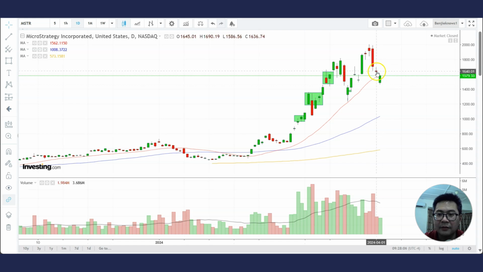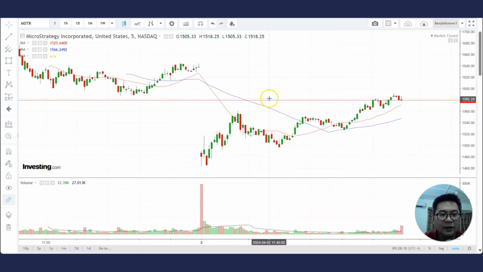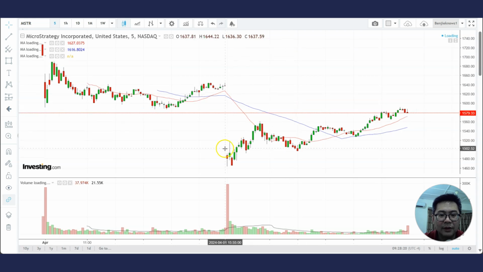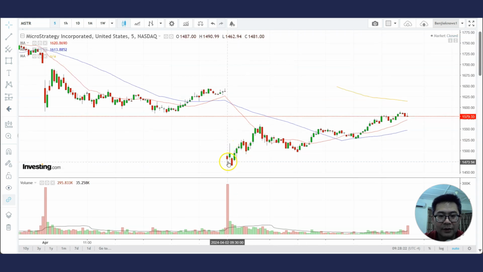We have kind of gap down the previous trading day. 2 trading days ago, have a doji, but the gap down here maybe shocked a lot of people, but it eventually end up higher. Let's take a look at the daily chart. Now, it's not surprising for a stock to close the gap.